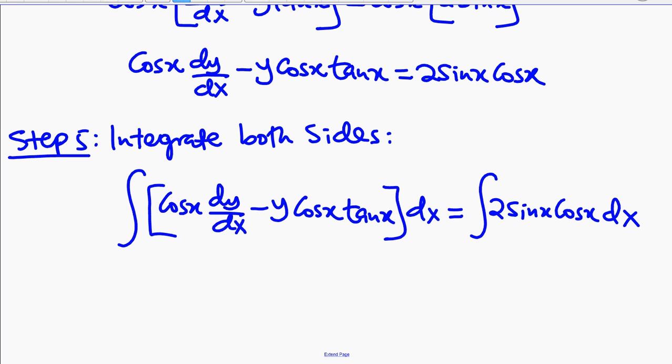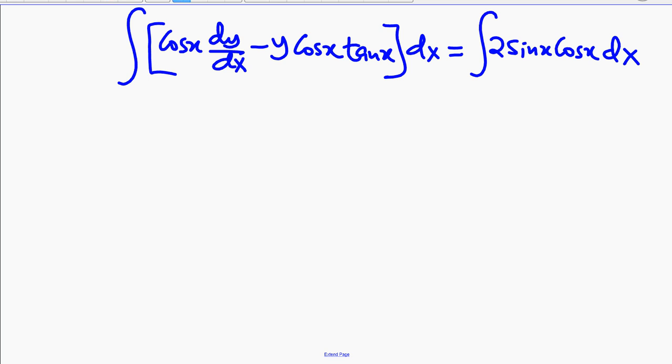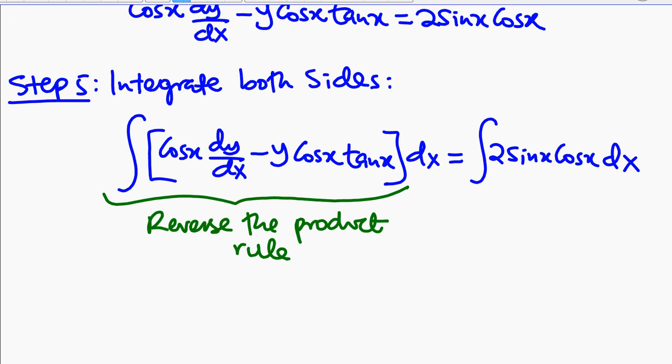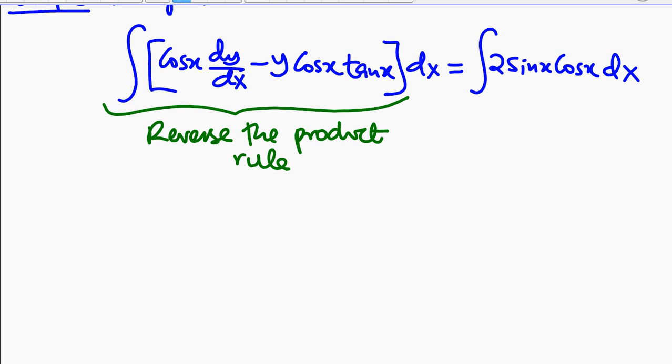Now, what I need you to do is remember what we discussed previously. This bit, we're going to reverse the product rule. So if you reverse the product rule, that means you're actually multiplying the integrating factor by y.